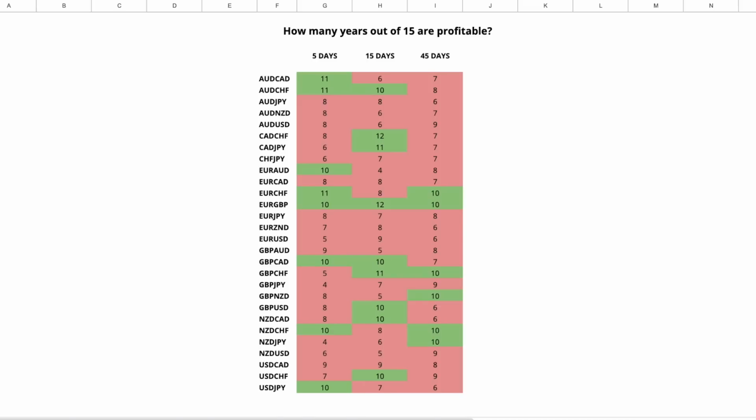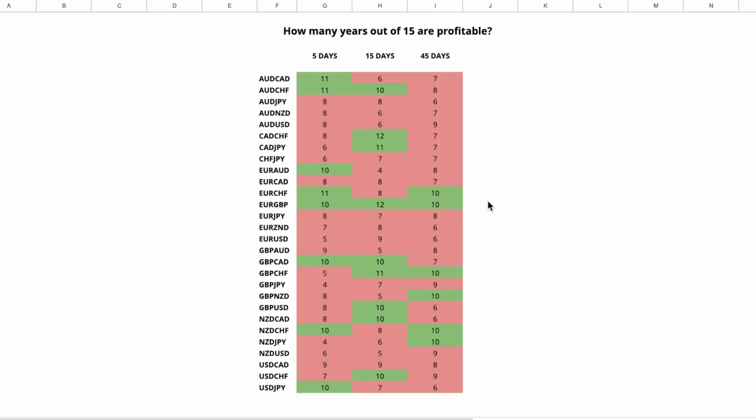And I mentioned at the start of the video that I'm looking for some pairs which perform on each of the 3 different lengths. And we can see that we only have one of those pairs, and that is euro pound. You see that? 10, 12 and 10 years across the 3 look back lengths.